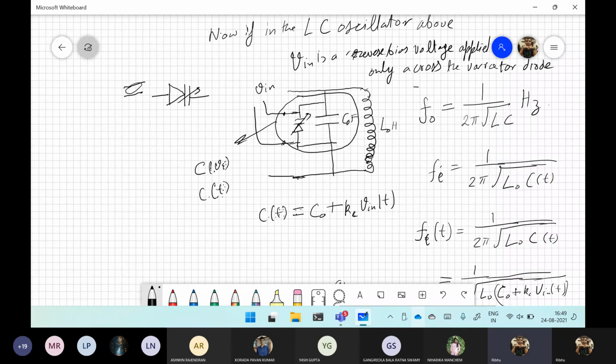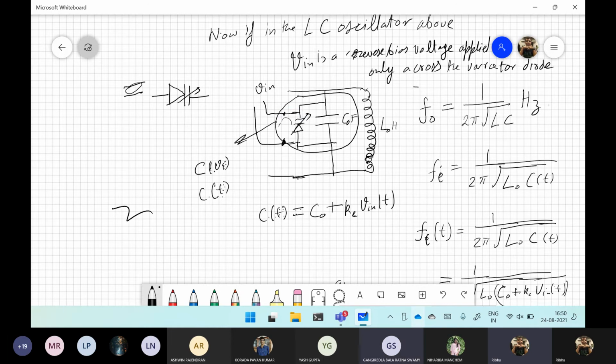So the circuit for V in gets completed around the varactor diode, Bala.